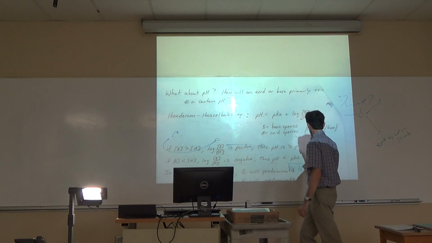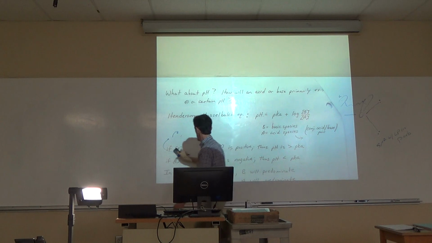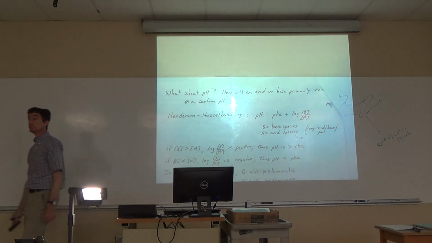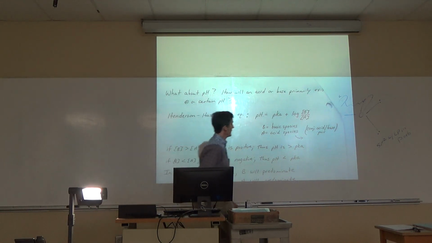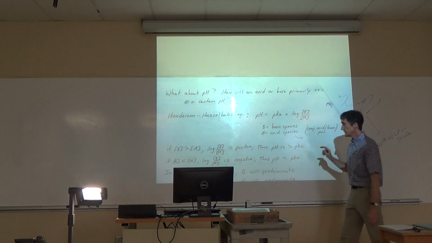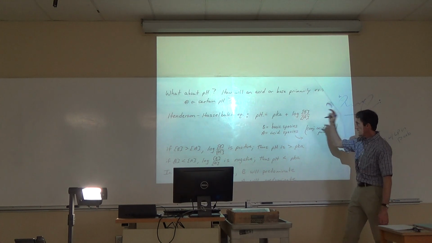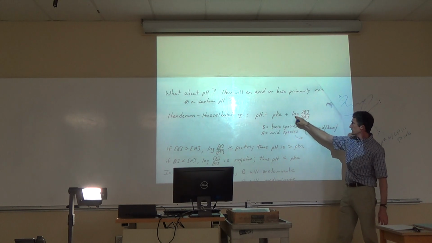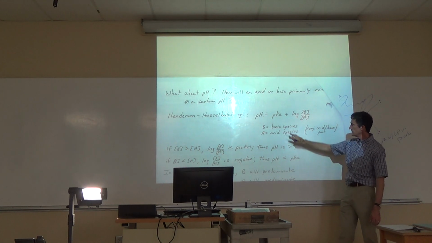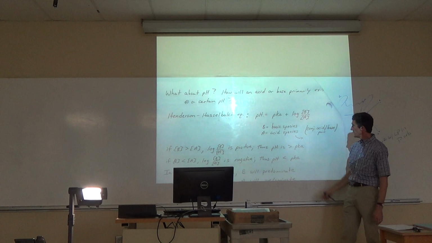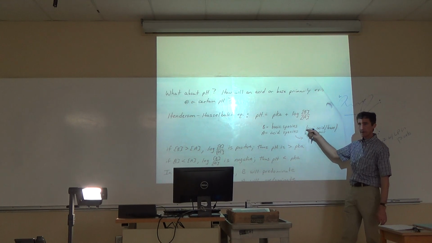Did you guys look at this equation in Gen Chem? Yes. Okay. I don't know exactly what you do with it. You'll look at it in biochemistry as well. It says that pH equals pKa plus log of the basic species over the acidic species. Okay? This is essentially your conjugate acid-base pair.